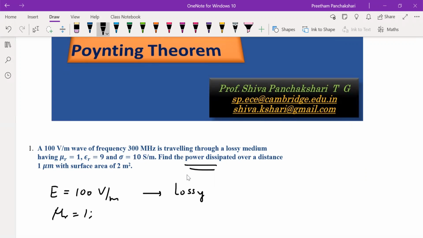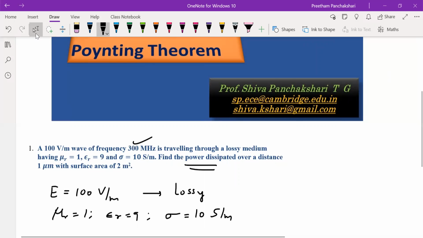For all electrical conducting materials, mu r remains 1. Epsilon r is 9. Sigma is given, the conductivity, so the medium is a conductor. Not so much a good conductor, because 10 Siemens per meter anyhow. Whether it is a good conductor, not a good conductor, or a dielectric is decided by frequency also. We cannot declare it as it is.